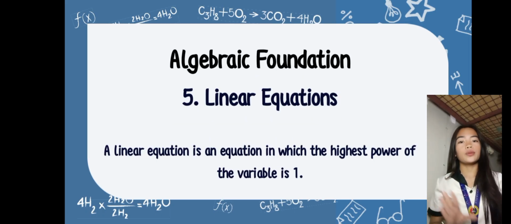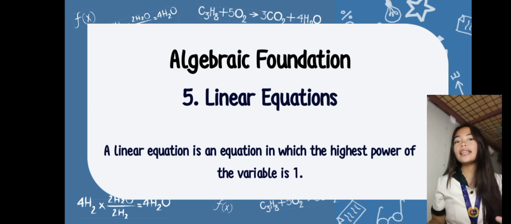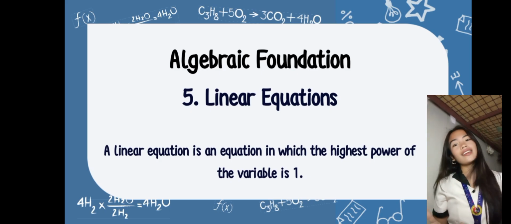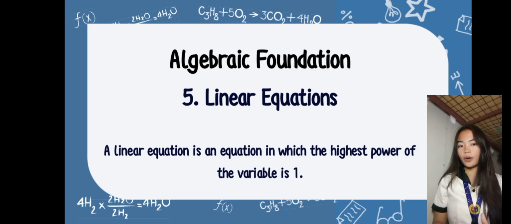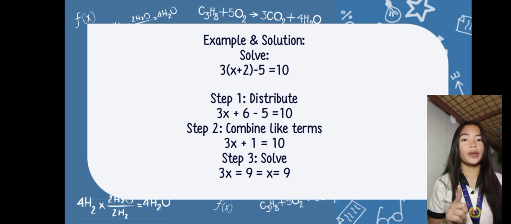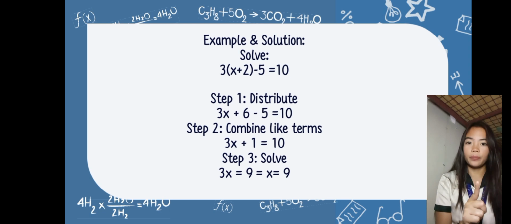Now let us move to algebraic foundations, starting with linear equations. A linear equation is an equation in which the highest power of the variable is 1. Let us solve the equation 3(x + 2) - 5 = 10.